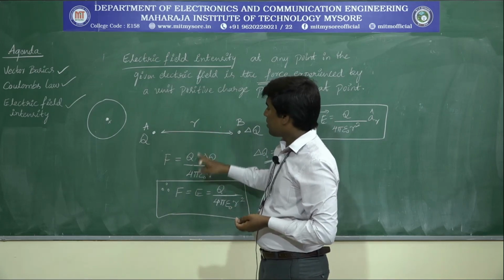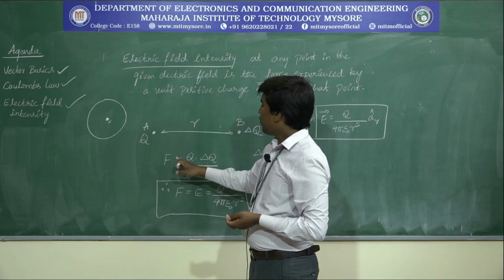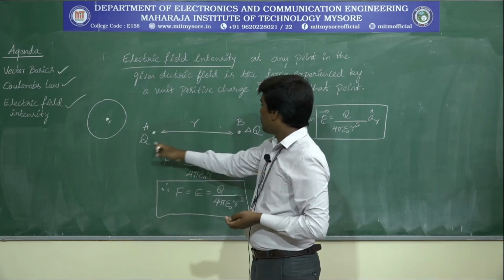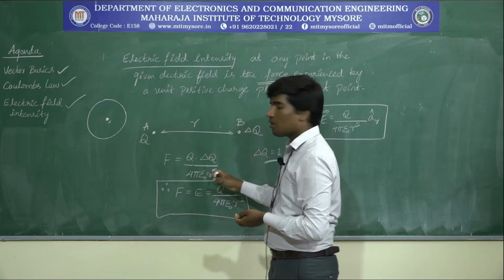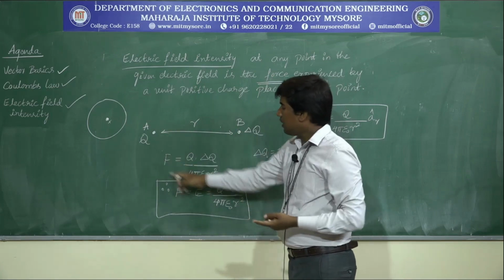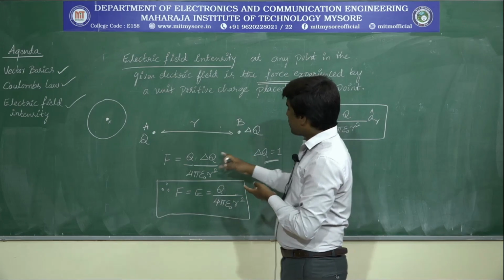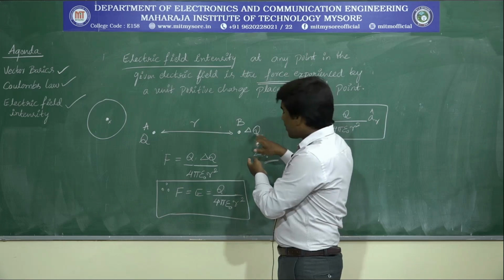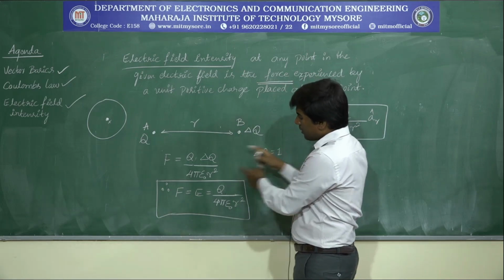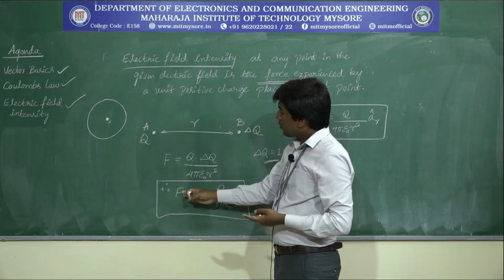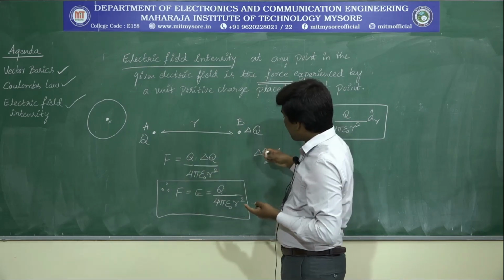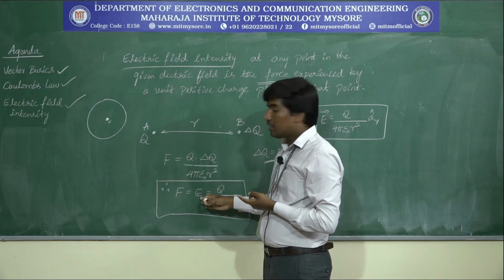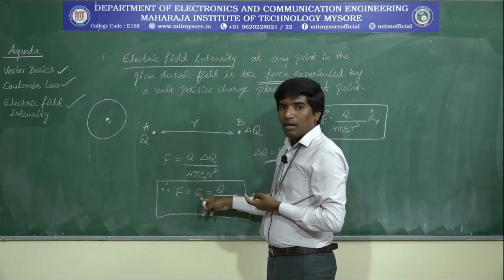Then by using Coulomb's law, the electrostatic force F is equal to the product of the charges Q and delta Q divided by 4 pi epsilon naught r square. This is purely Coulomb's law. We know that delta Q is the unit positive charge, hence its magnitude is 1. Substituting that into this equation, the electrostatic force experienced by this unit positive charge is the electric field intensity, so F becomes E. Understood?